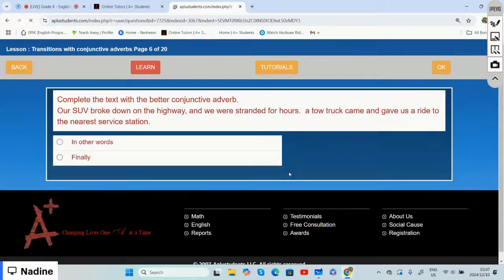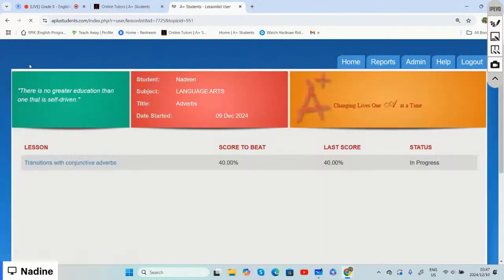Yes. All right, so this is now the end of our lesson on transitions with conjunctive adverbs, so basically adverbs. And we said that conjunctive adverbs are words that connect either two sentences or independent clauses, and they show the relationship between them, right?